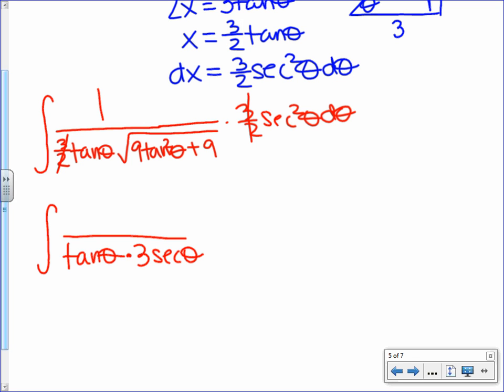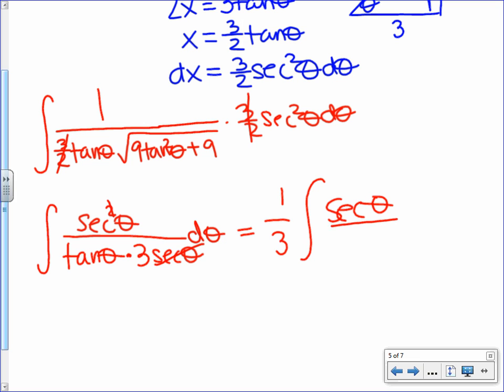I'm going to throw this in the numerator so that we're not all over the place here. Do we need to cancel? Yes, we do. So I'm going to put the 1/3 on the outside. This secant cancels out with this secant. And we have secant theta over tangent theta.